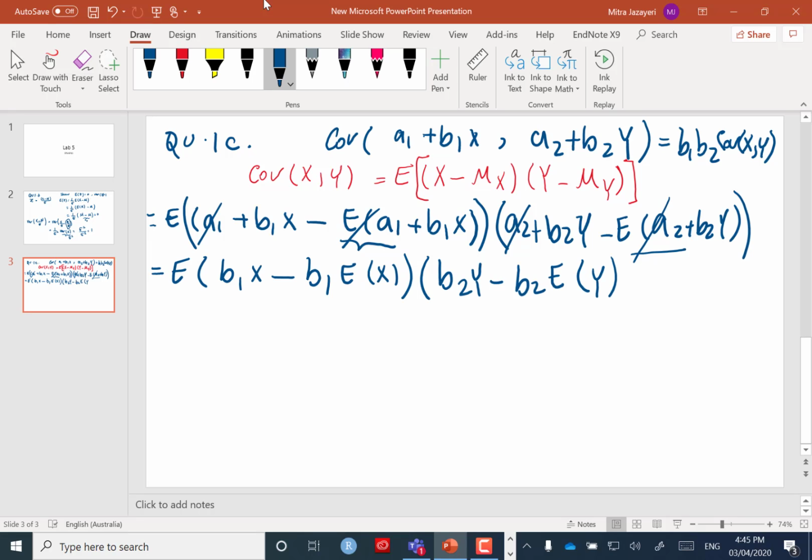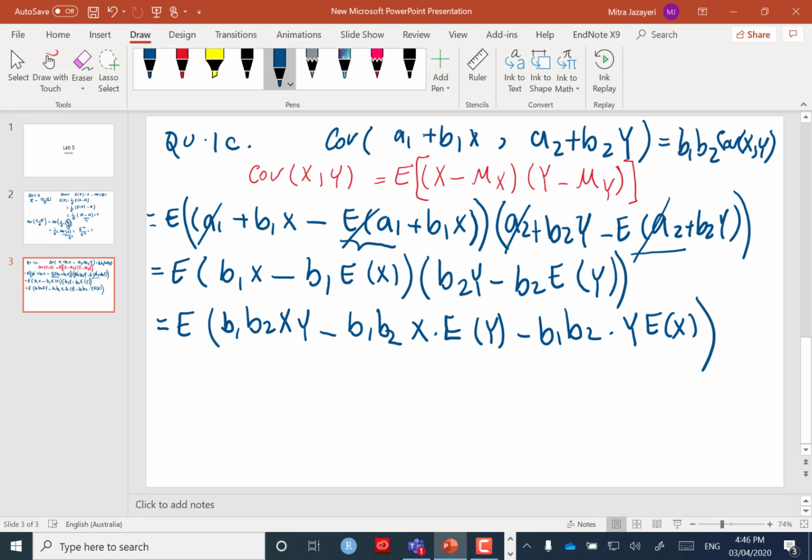Now that becomes equal to expectation of, we multiply them by each other. So it becomes b1, b2, xy minus b1, b2, x times expectation of y minus b1, b2, y times expectation of x plus b1, b2, expectation of x times expectation of y.